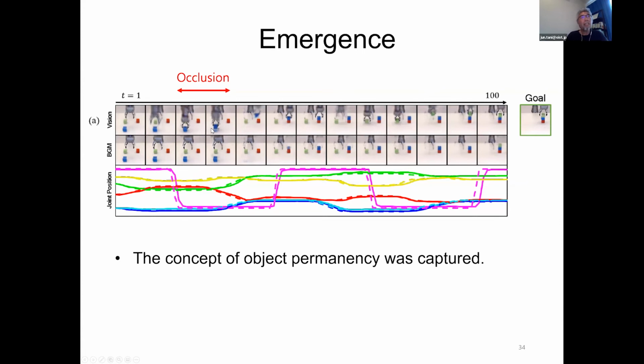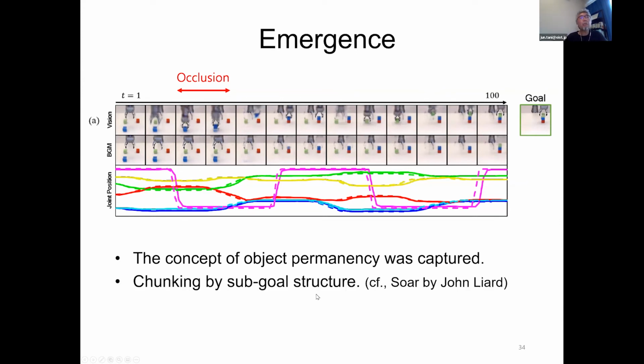The second is chunking by sub-goal structure that developed. This one is one chunk, and this one is another chunk. It almost doesn't move, it's the same, but when the blue one comes here, it appears here. As I told you, a sequence of static states, sub-goals, you can see. And finally this one comes to here.